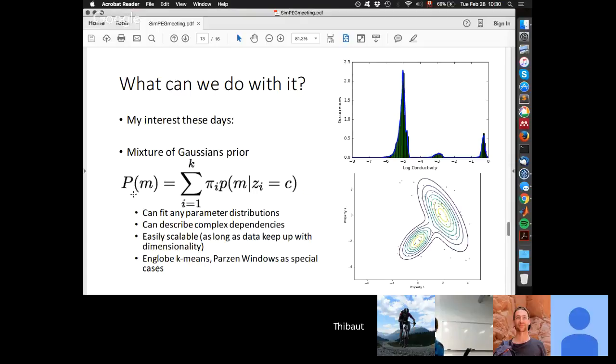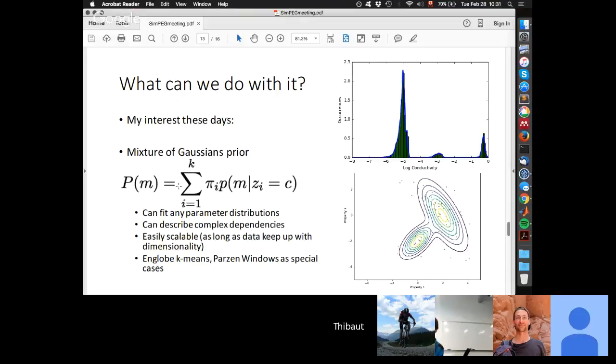So the approach I choose right now is to define my prior as a sum of probability distributions. Laplace or whatever you like, but Gaussian is good enough. I can derive it as many times as I want, and if I put n Gaussians, I can fit basically any type of distribution.